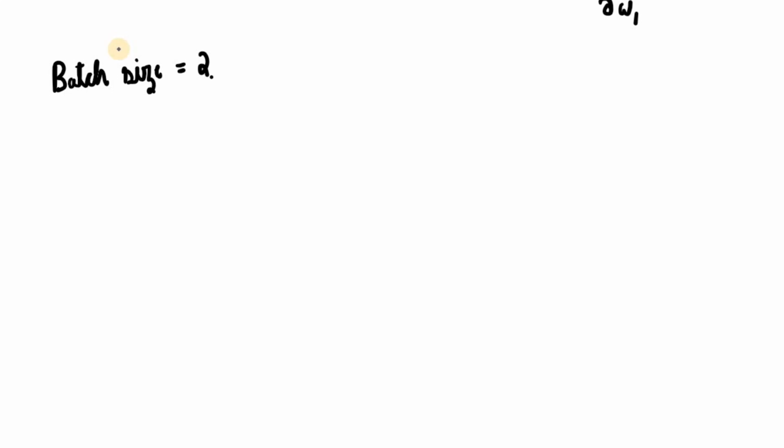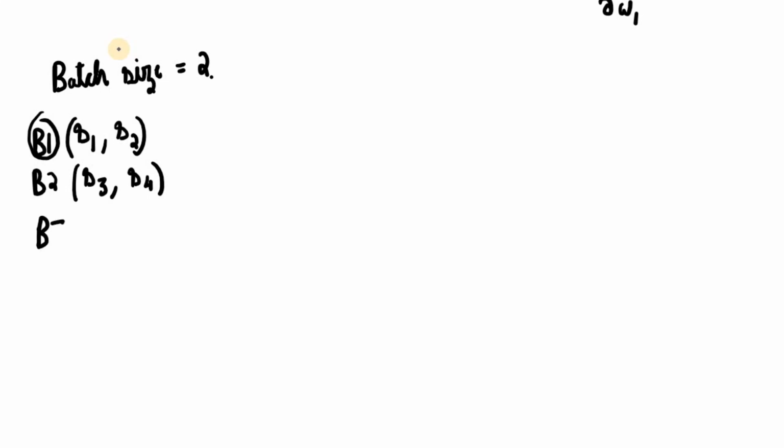So in each batch, batch 1 for example, we will have only two samples, S1 and S2. We will consider another batch. We will have only two samples, S3 and S4. Now, technically, if you ask what exactly a batch is, a batch is nothing but a subset of the training data.